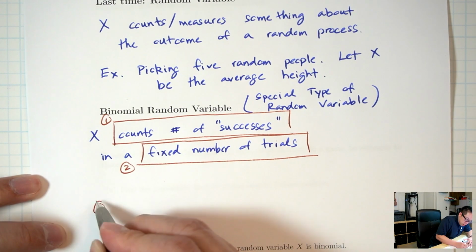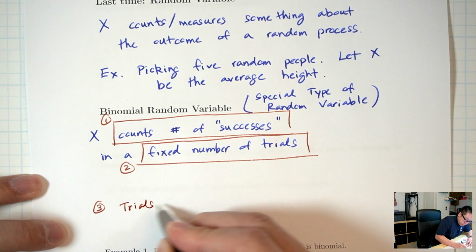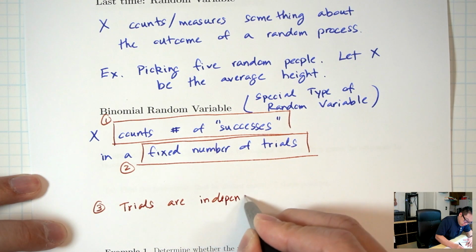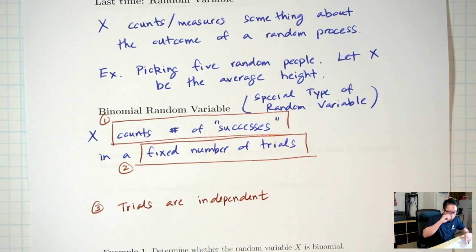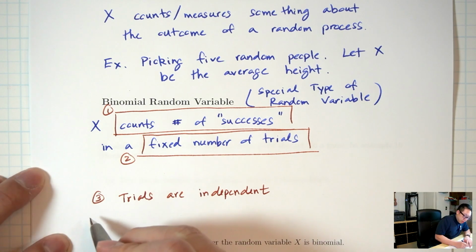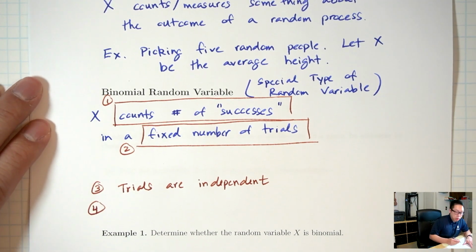The third requirement is that the trials are independent. What this means is that when you do the random process, what happens should not affect what happens when you do the random process again. And then fourth, the probability of success should be the same on each trial.